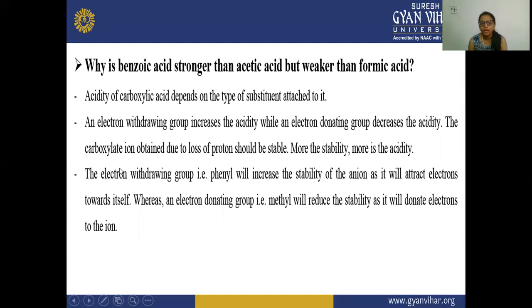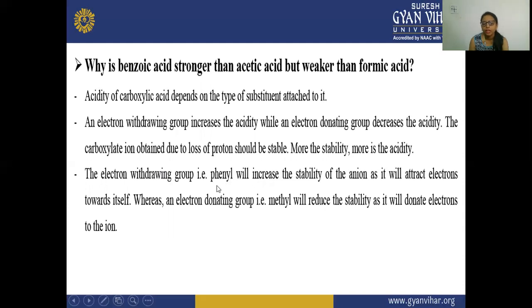The carboxylate ion formed by the loss of the proton should be stable. The more the stability, the more the acidity. An electron withdrawing group will attract the electron towards it, and that is why there is an increase.